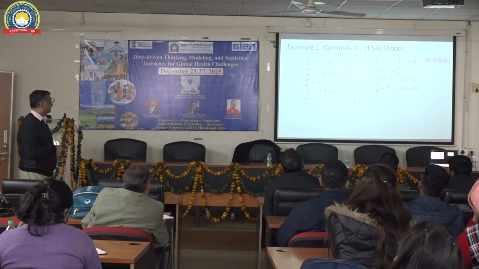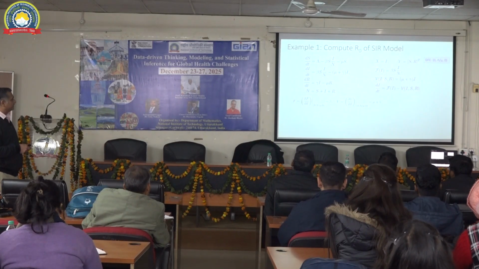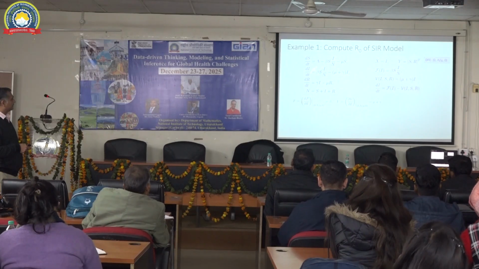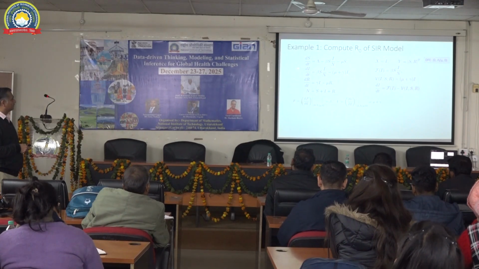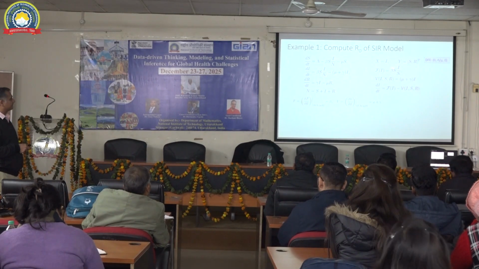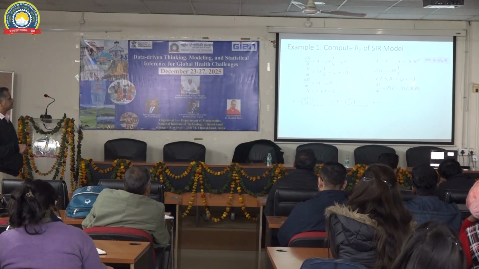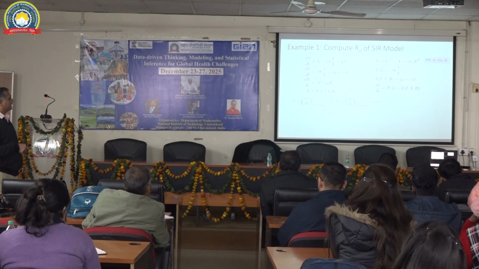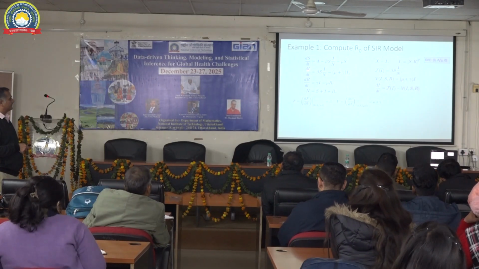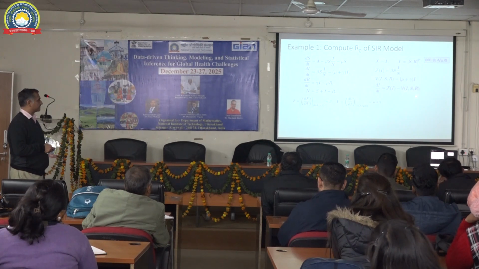So let's see what this looks like. For example, F and V in this case are these two. This is the only infected compartment. F consists of new infection, which is this, and the rest of the terms go in the V. Right? And so dI by dt is the only infected equation, which is script F minus script V here.